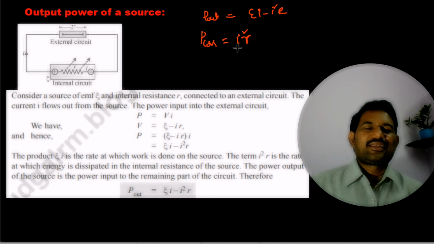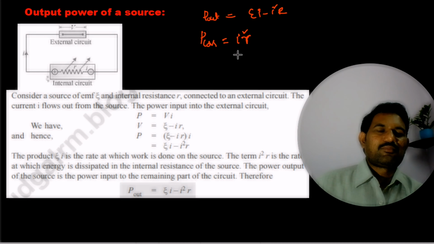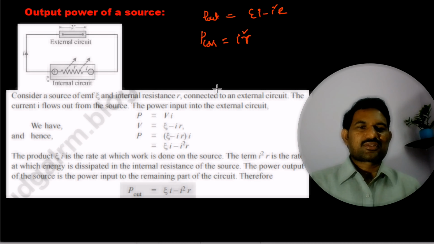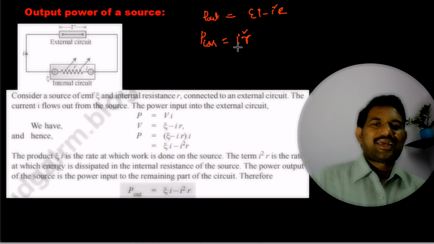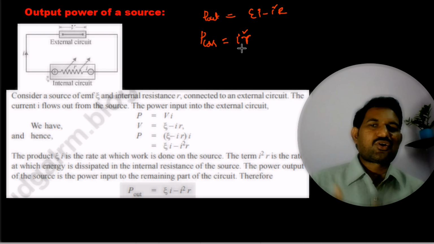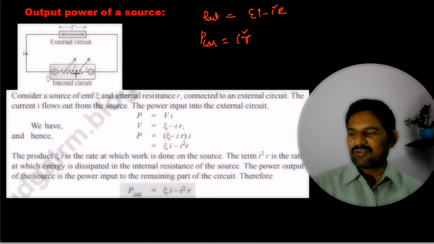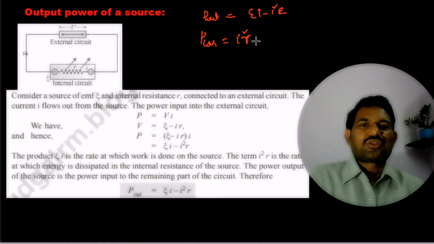So you can write this as I square into R, because this IR is a loss of volts. We already discussed this in the discharging of cells. Because of the heat produced at the internal resistor, that goes as wastage for us. So the power loss we can write as I square R here.